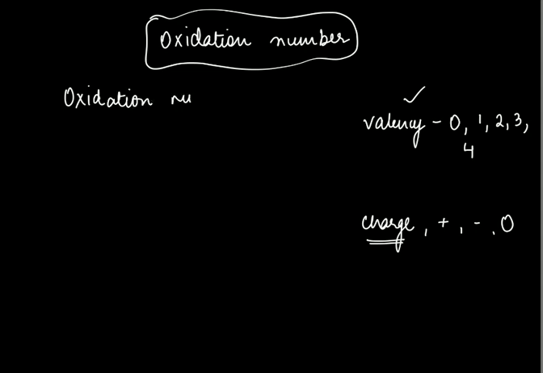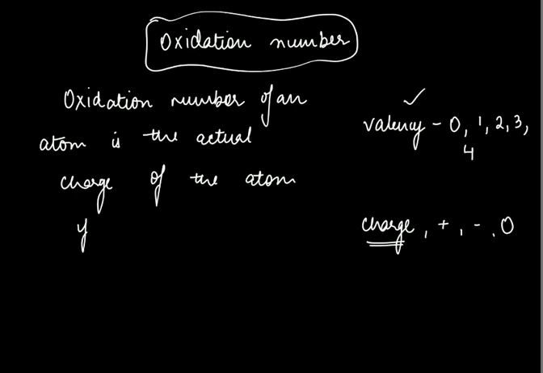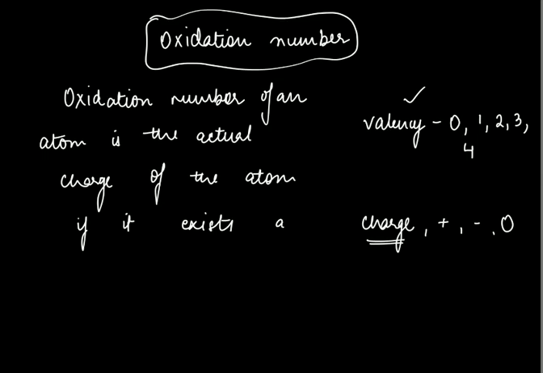Oxidation number of an atom is the actual charge of the atom if it exists as a monoatomic ion.